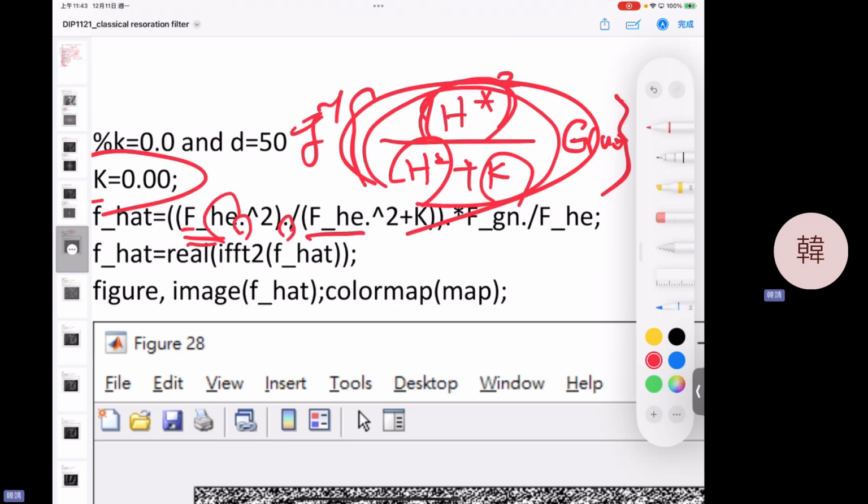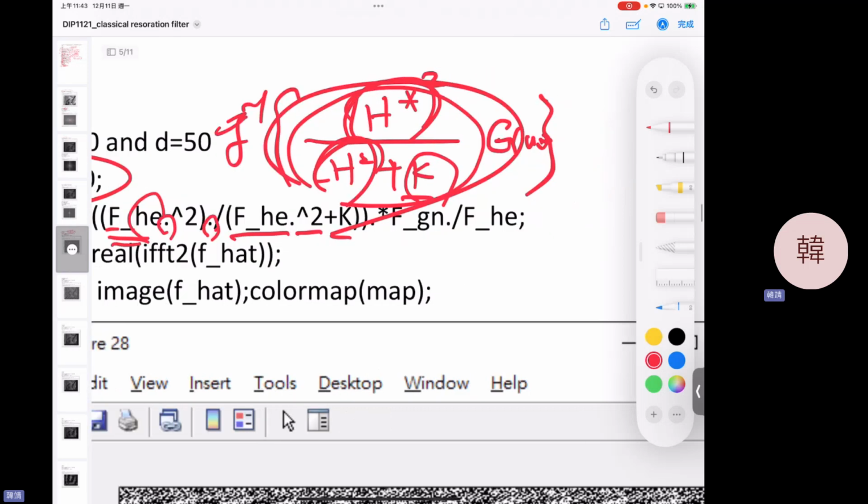Divided by what? H squared, every element taking the square, plus K, and then times the Fourier transform of G divided by H. If you take the square here, there should be something divided there. I forgot the equation, please go back to check.